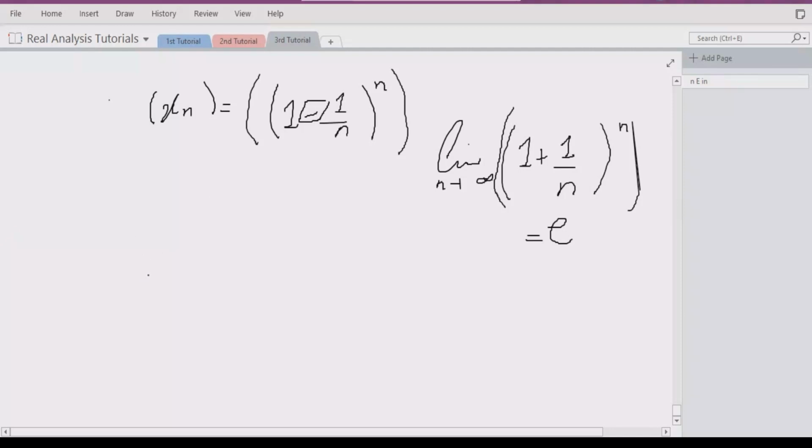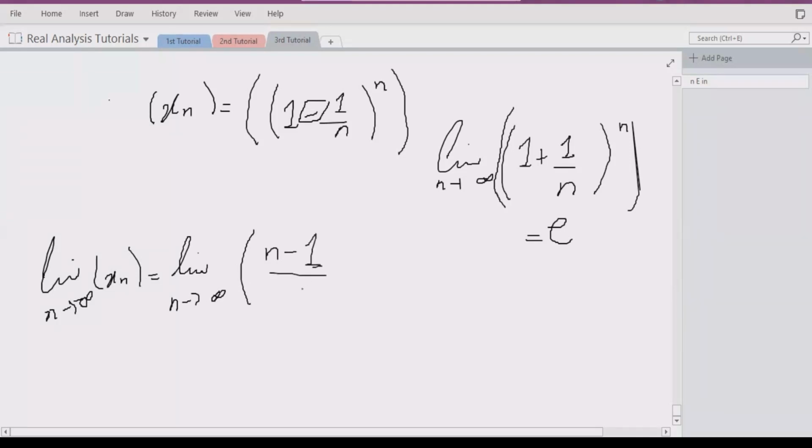For this, first observe that 1 minus 1 over n is n minus 1 over n, where I simply take an LCM.